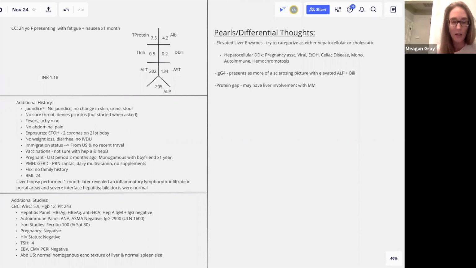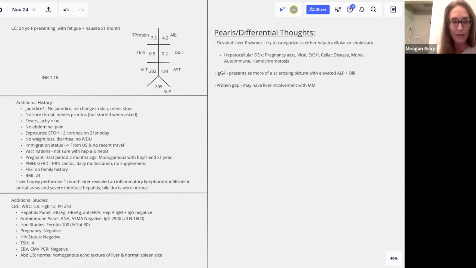Interface hepatitis means that the inflammatory cells are spilling out of the portal tract into the lobule of the liver, and that's very classic for autoimmune hepatitis. We do like to see plasma cells, so I would like to see the pathologist say something about plasma cells. But so far, that is very consistent with an autoimmune picture.